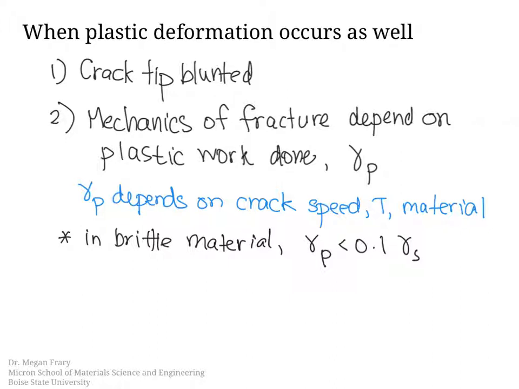If the material is not brittle, though, and we do have plastic deformation occurring at the crack tip, then we need to take both the surface energy and the plastic work done into account in the energy balance of crack propagation. And we will do that by using gamma S plus gamma P, so the surface energy plus the plastic work done, instead of just the surface energy term as we do our energy balance. Let's see how that works out.